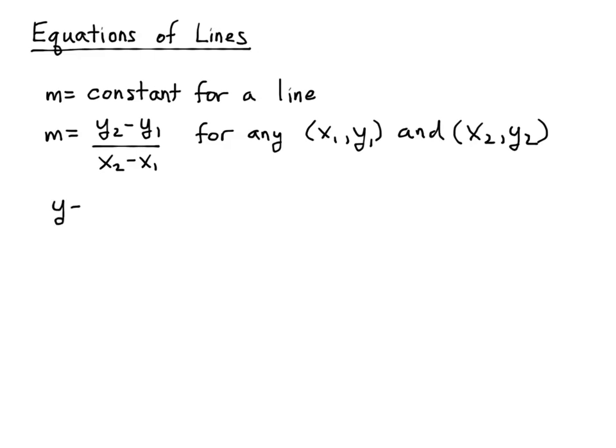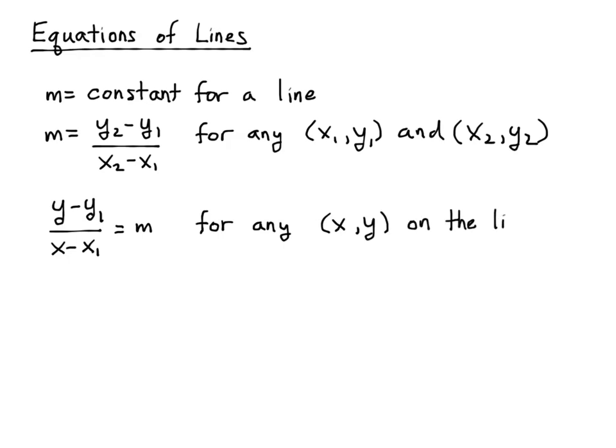And so instead of using a particular point, let me leave the subscript off of the x and the y. So long as x and y are along the line, we can use any x and get to that y, and it'll have the same slope. Okay, so all I've done is removed the 2 as a subscript and said any. Now, this m, of course, is this definition.